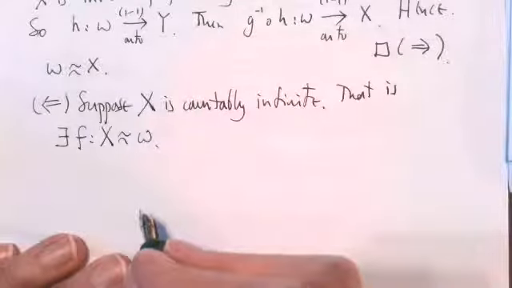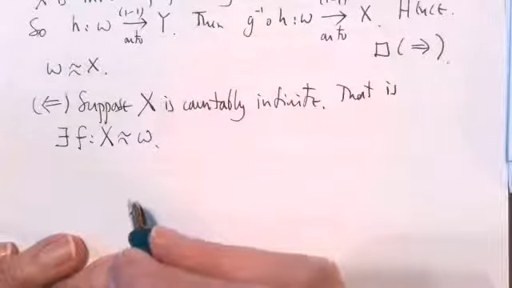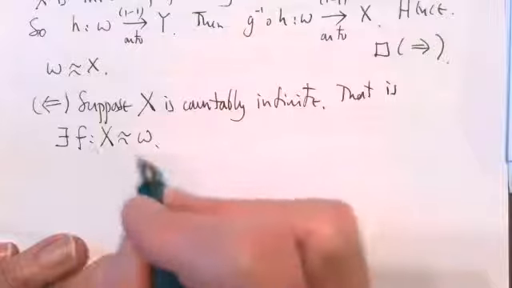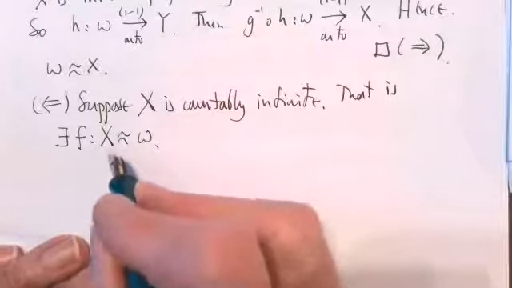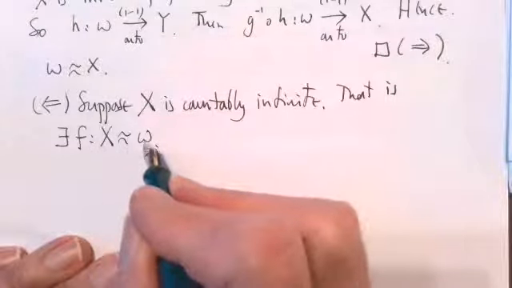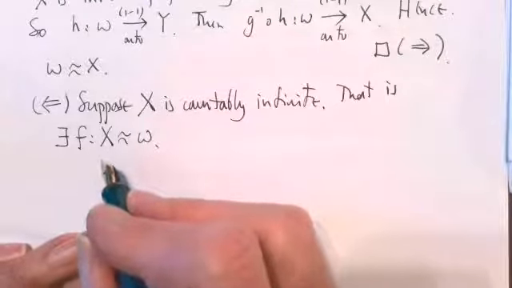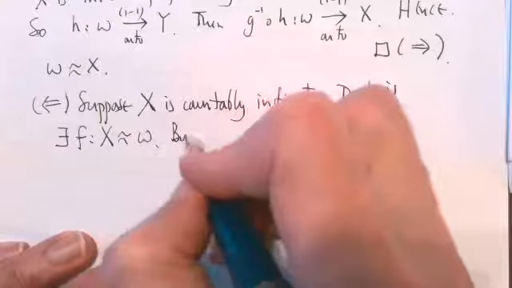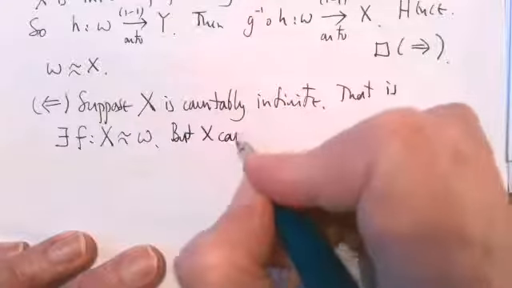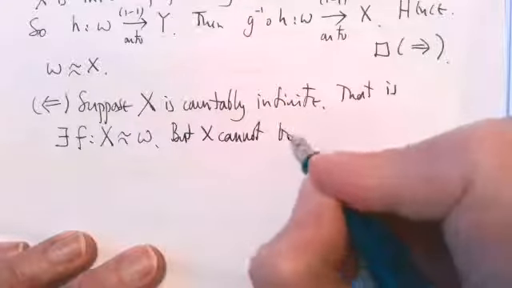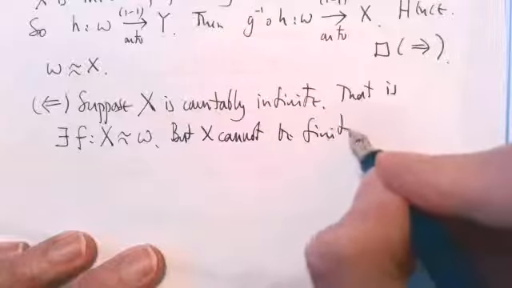Then X is not finite, because I could compose bijections and I'd end up with omega being bijective with a natural number if X were finite. X cannot be finite.